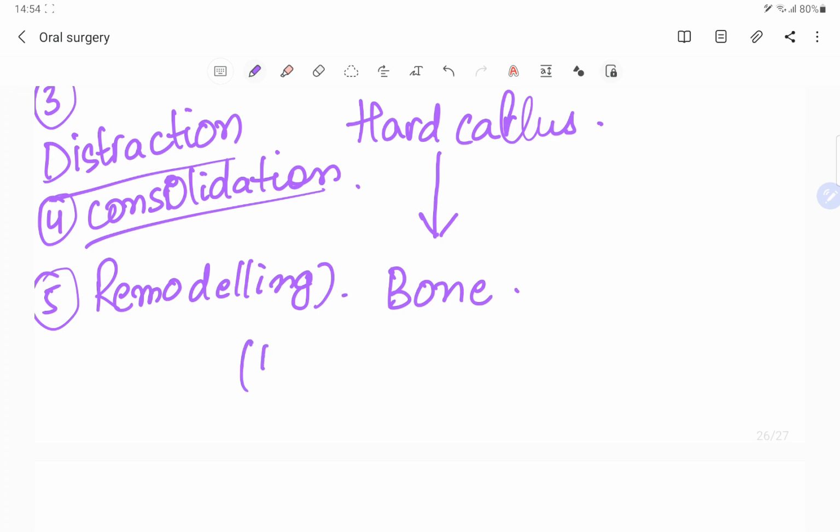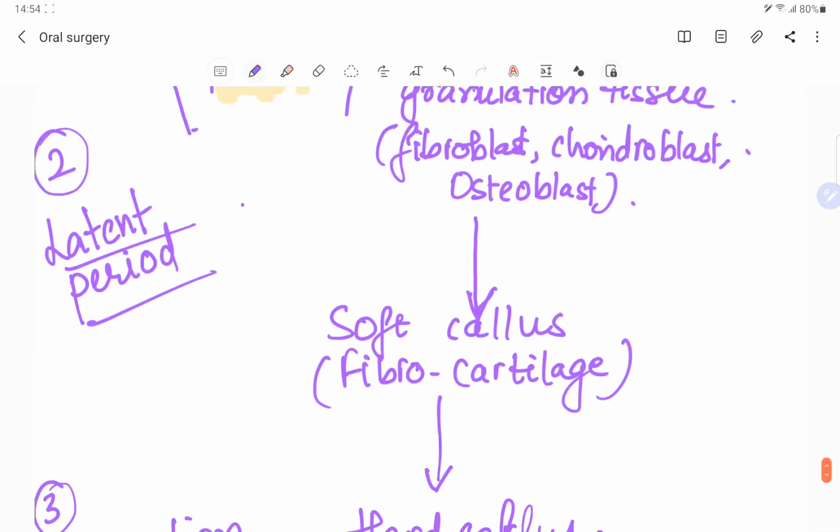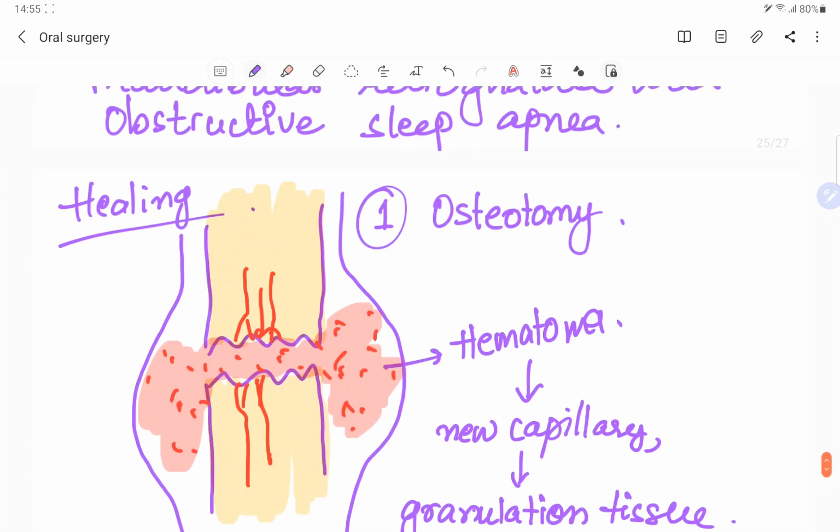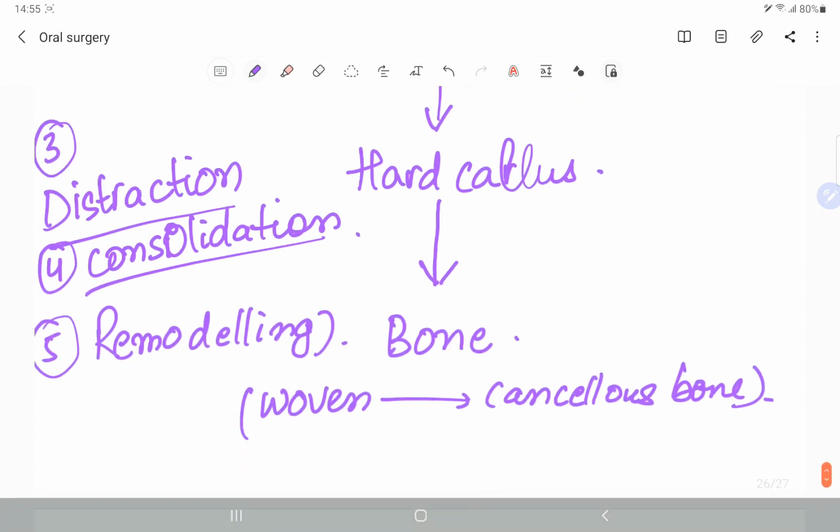So this is the normal mechanism of healing, and that's how the new bone is formed. And with the help of this mechanism, we are utilizing it to regenerate new bone by distracting the bone fragments at a controlled rate, right?